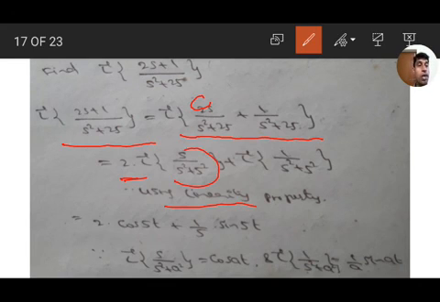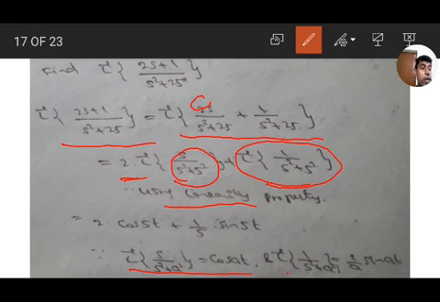And we have the formula L inverse of s by (s square plus a square) equals cos at, and L inverse of 1 by (s square plus a square) equals 1 by a sin at. In both the formulas a equal to 5, therefore we get 2 into cos 5t plus 1 by 5 into sin 5t.